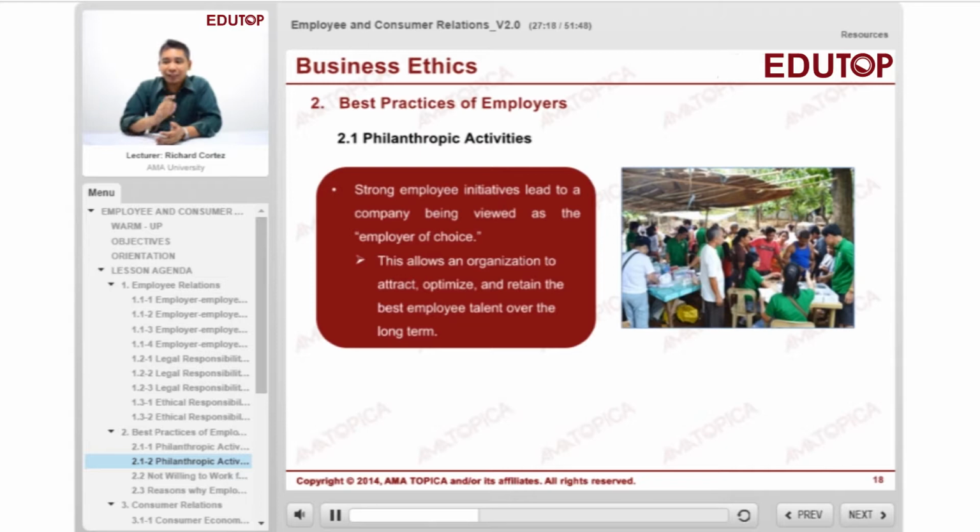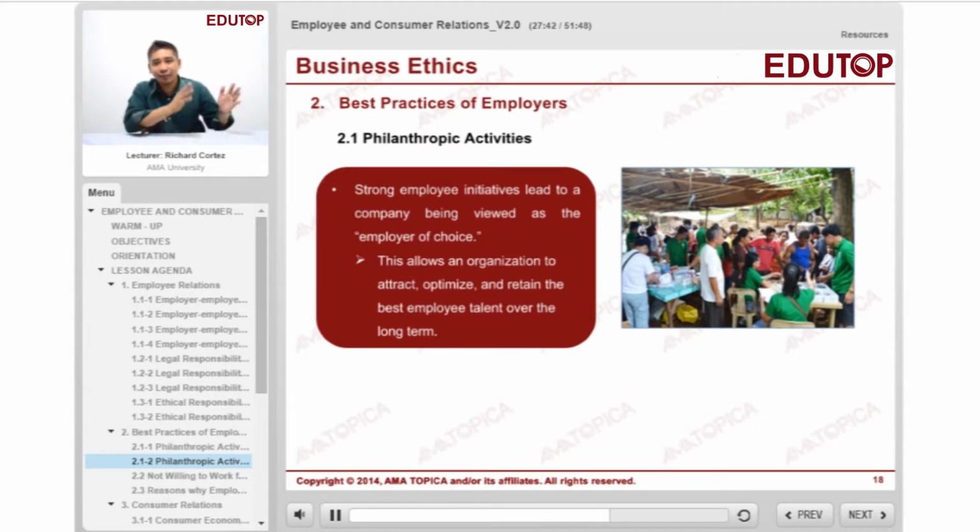So this allows an organization to attract and optimize. It means that if your company is involved in volunteerism, that is one way of attracting the best employees to work for the company. It is one way of optimizing and retaining the best employees. If I know that I am working for a company with good social responsibility, I want to stay in that job.